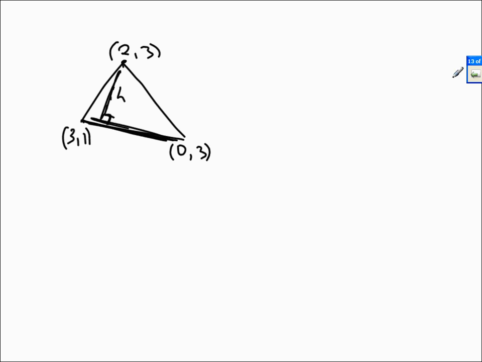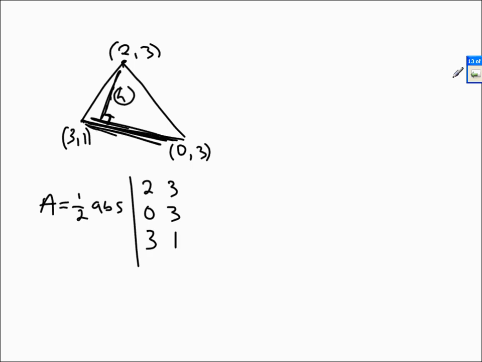The area would be 1/2 times the base times the height. But that's way too complicated. The area is 1/2 the absolute value of this determinant. You're given the point 2, 3, and the point 0, 3, and a third point 3, 1, and you put 1s here.